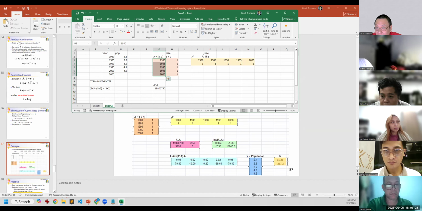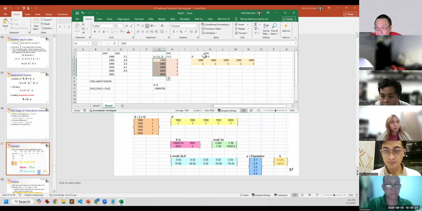In here, 5 and 5. Matrix multiplication is not commutative. You cannot reverse. That's why the size matters.